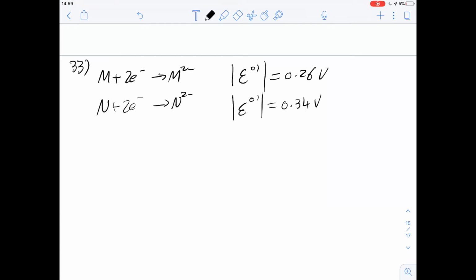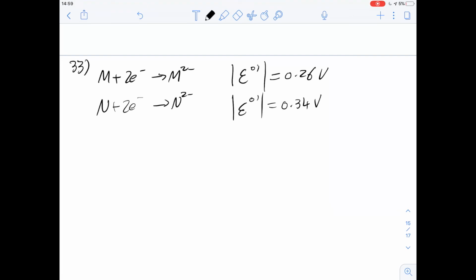We're told when M is connected to a standard hydrogen electrode, electrons flow from the M half cell to the standard hydrogen electrode. Now, the standard hydrogen electrode has an electrode potential of 0, and we can get this from table 1, where we're told that the E value for the reduction of hydrogen ions is 0.